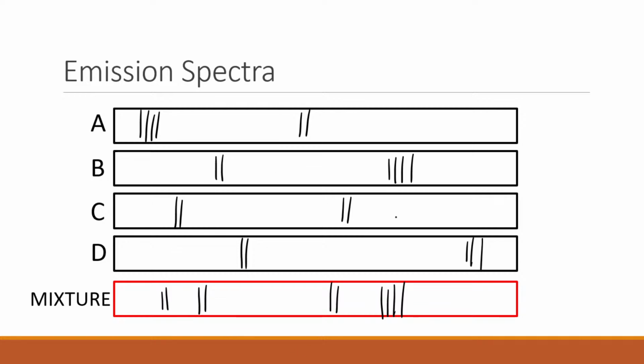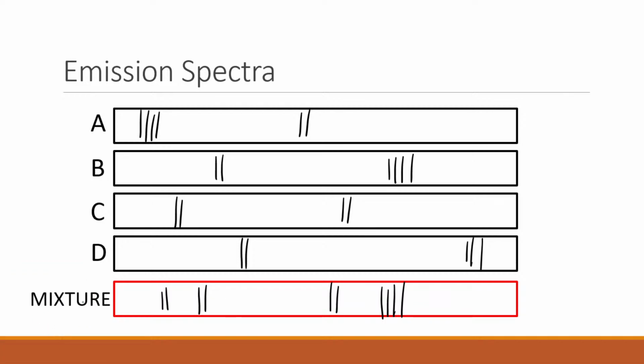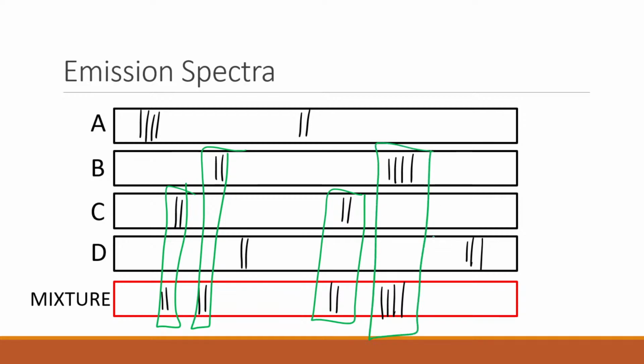When we look at something like this, we want to identify what lines are in both the mixture and one of the elements. So here, this mixture is actually a mixture of element C and element B, because it has all of the lines from C and all of the lines from B.